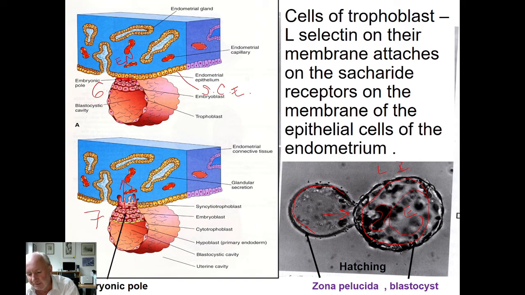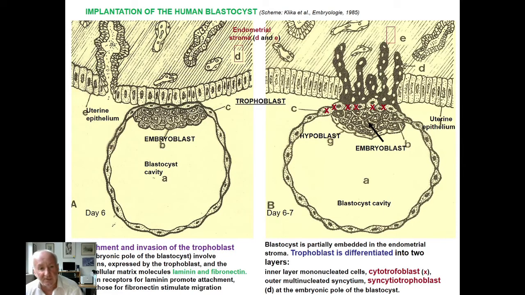I think you understand the surface epithelium of the endometrium, embryonic pole, embryoblast, trophoblast, blastocyst cavity.